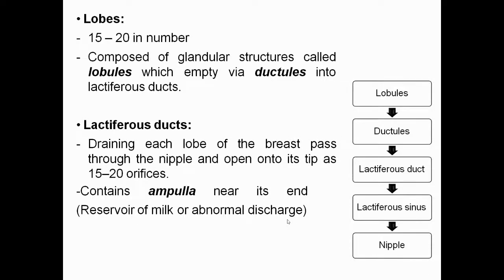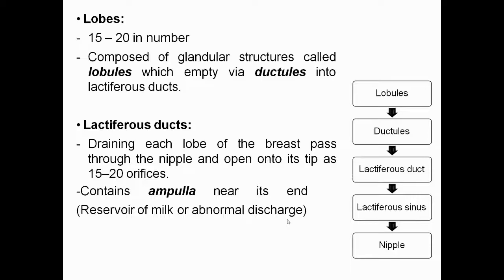Lobes are situated in numbers of 15 to 20, and each is composed of glandular structures called lobules, which empty via ductules into lactiferous ducts. What are the lactiferous ducts? They drain each lobe of the breast, pass through the nipple, and open onto its tip as 15 to 20 orifices.